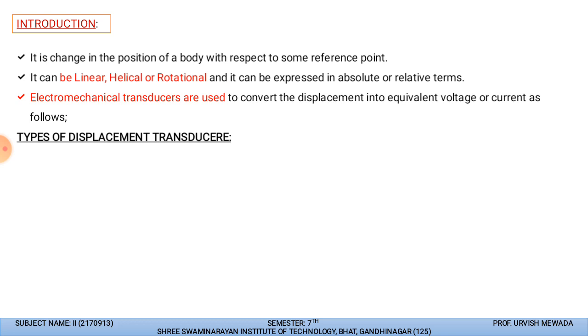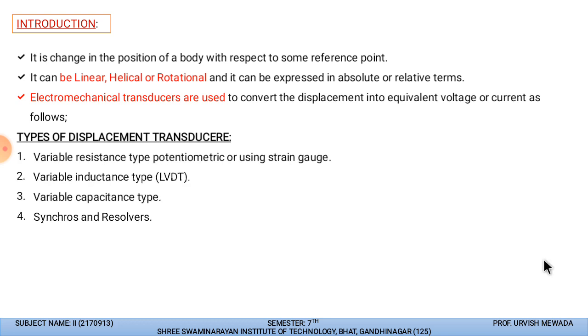So let us discuss the types of displacement transducers, the transducers we use to measure displacement. First is the variable resistance type transducer, or potentiometric, or using a strain gauge. In this industrial instrumentation subject, we are discussing the transducers, and in this way we will check all the transducers that can be used for displacement measurement.